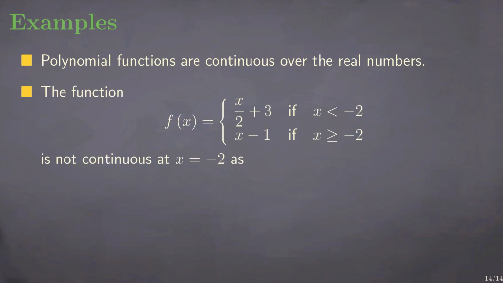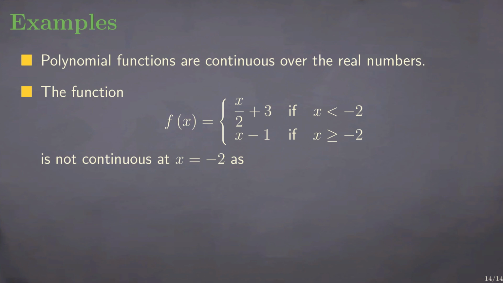So now let's take a look at a function that is discontinuous at some point. For example, f(x) piecewise defined as x over 2 plus 3 if x is less than minus 2, or x minus 1 if x is greater than or equal to minus 2, is not continuous at x equal minus 2.